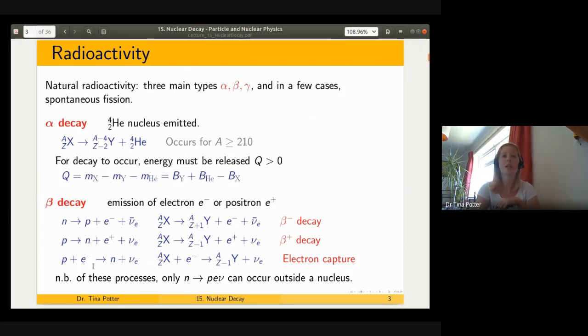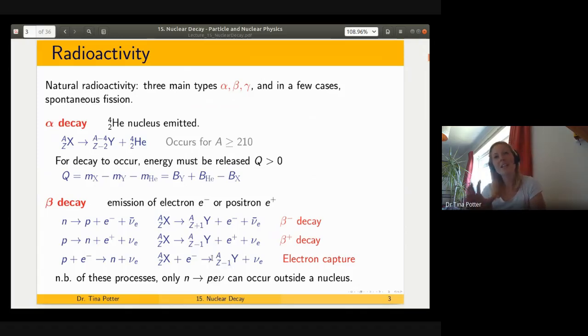That's when an electron orbiting a nucleus or getting close enough to a nucleus is captured. The proton and the electron combine to a neutron and a neutrino. And so here a proton is being changed into a neutron essentially, and we have the same number of nucleons. Again, there's no change in A, but there's a drop in the number of protons.